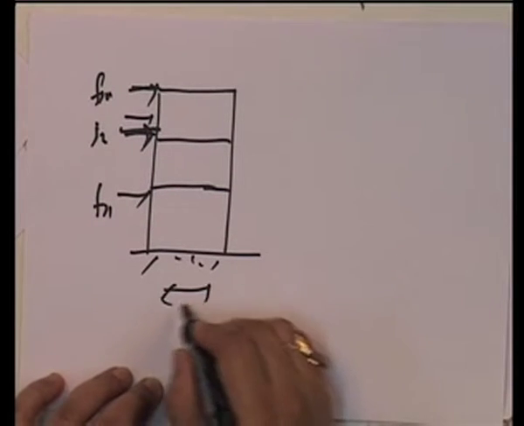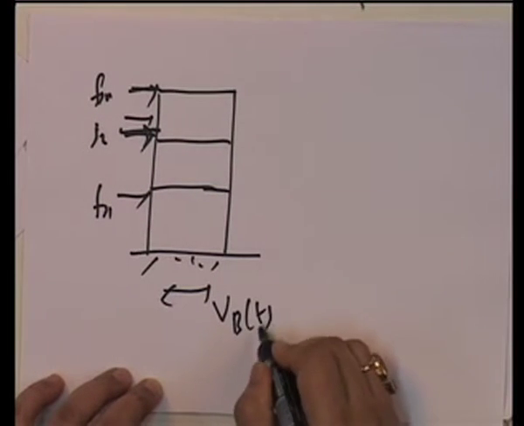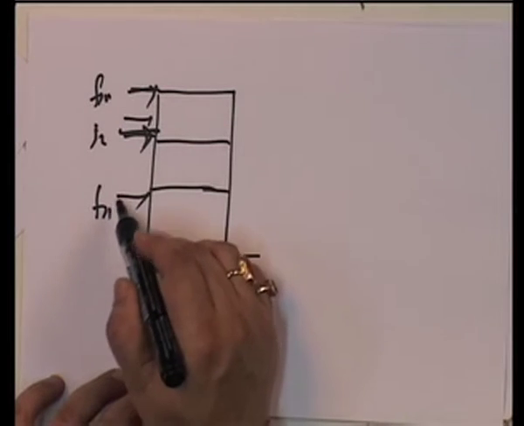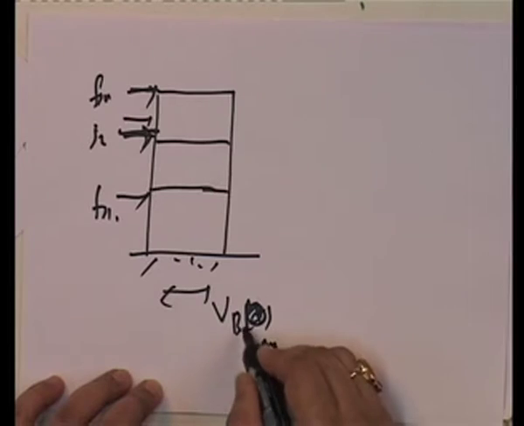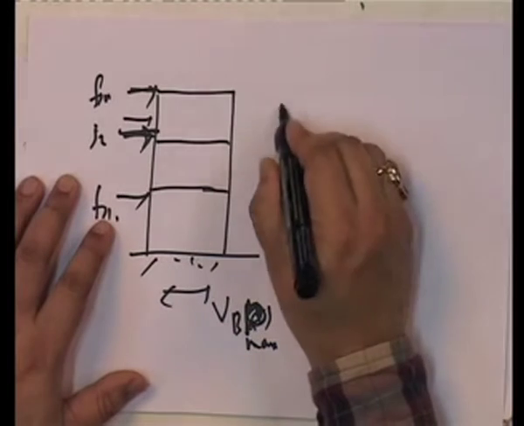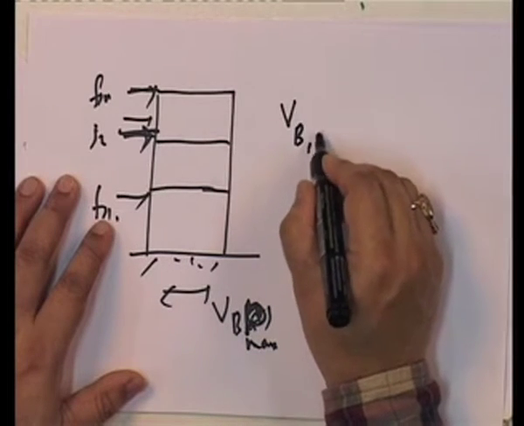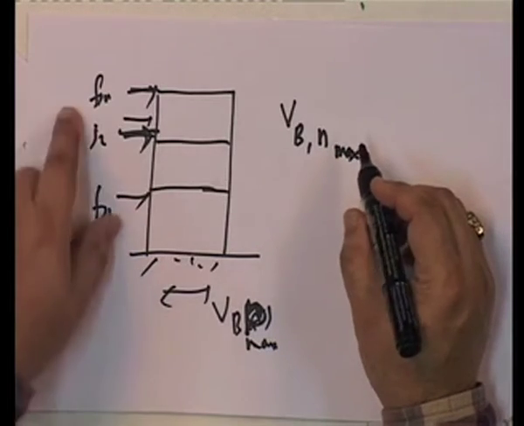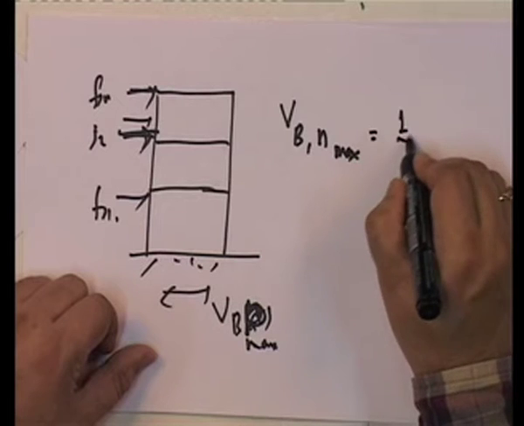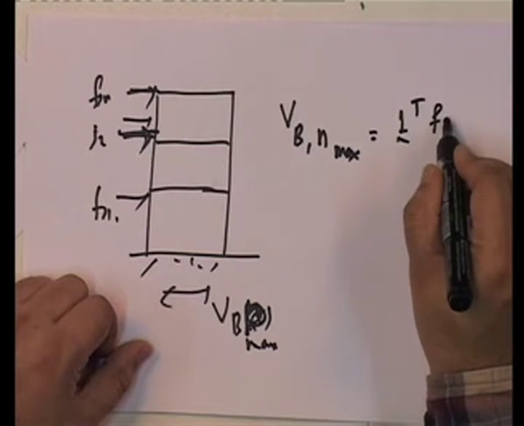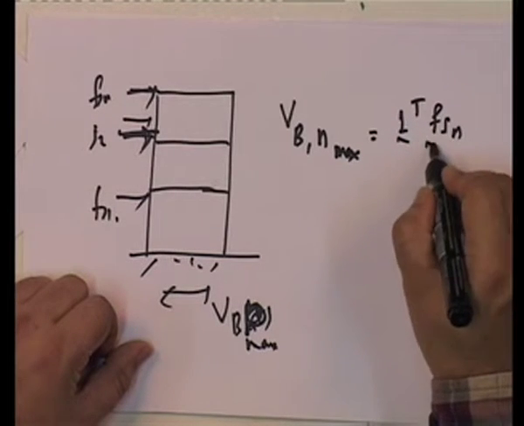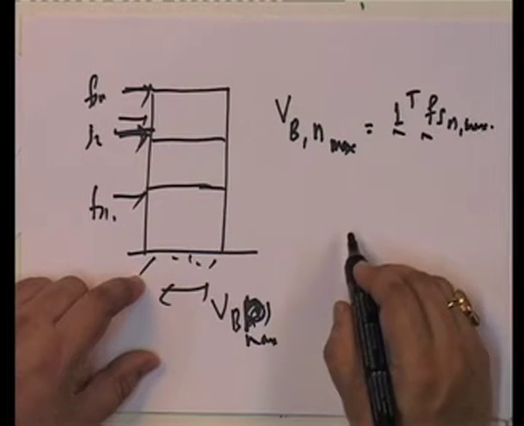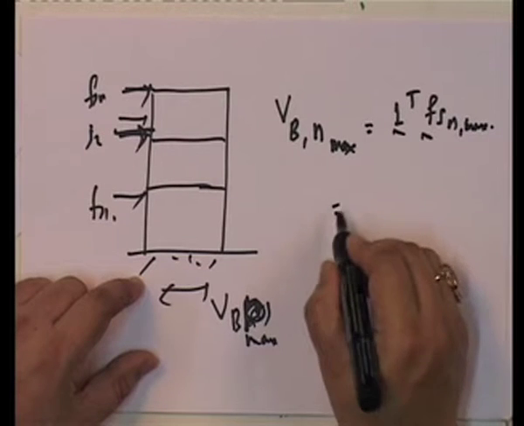So, if I look at the base shear, or rather not time, the max, because these are all in the nth mode. So, this is going to be the base shear in the nth mode and obviously maximum. Okay. What is that going to be equal to? That is going to be equal to 1 transpose into Fsn max.